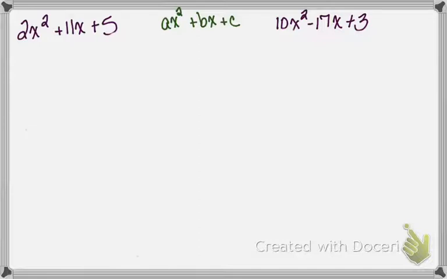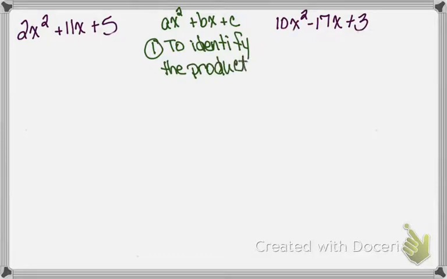So, the way that we solve this is to identify the product. Multiply A and C together.